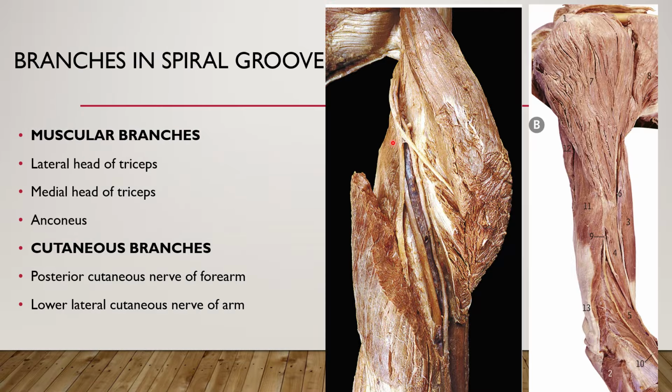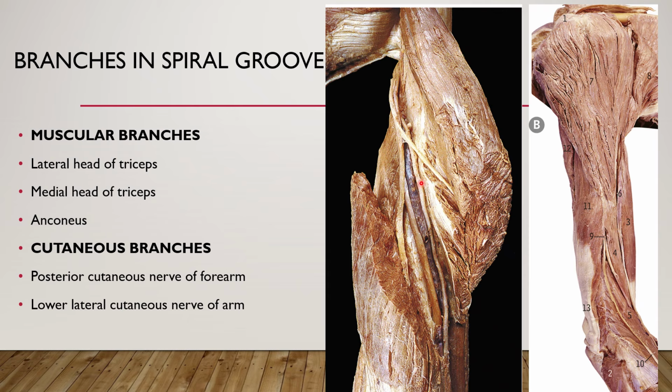Look at this. This is what we were talking about. And this is the spiral groove area. Initially, I was talking about the long head, and this is the long head, and here is the medial head. So when it lies in the axilla, it supplies the long head, and one branch comes here and supplies the medial head. Understood? So that's why we said two muscular branches when the nerve lies in axilla.